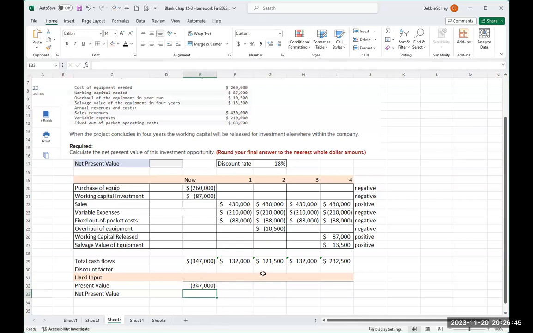Okay. Now, if you remember the formula, I could go find the appendix, but that takes too long and later you won't have access to it. And so it's simply going to be equals 1 divided by parentheses 1 plus the rate, and I'm going to anchor that cell.